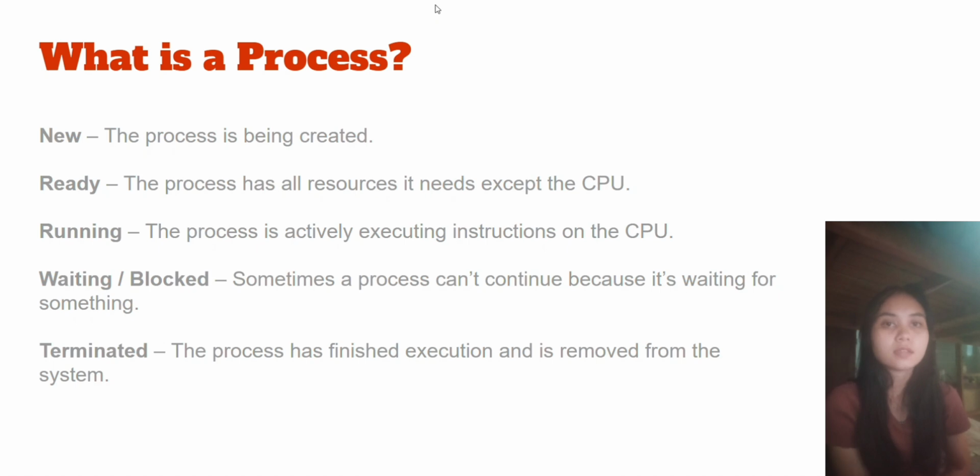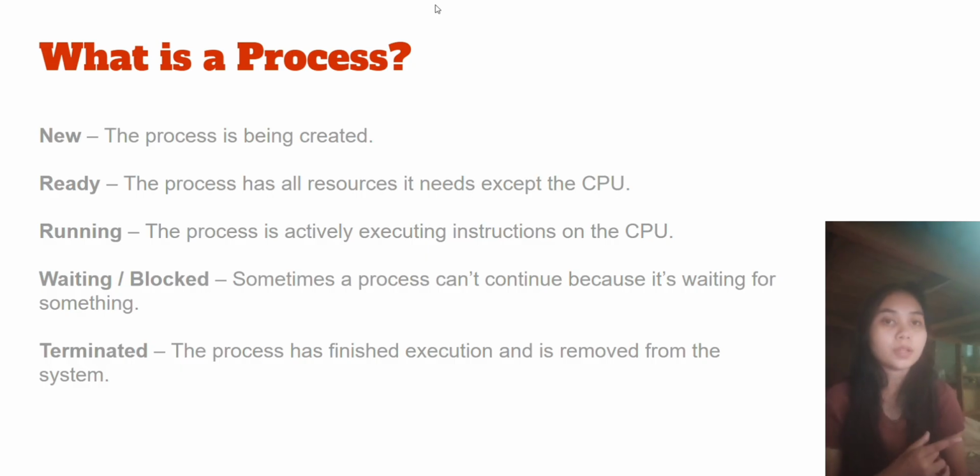So a process isn't always running. Nag-move siya in a life cycle of different states. Meron tayong different states. The first one is yung new na state. This is where the process is being created.